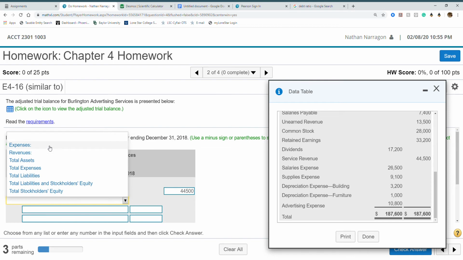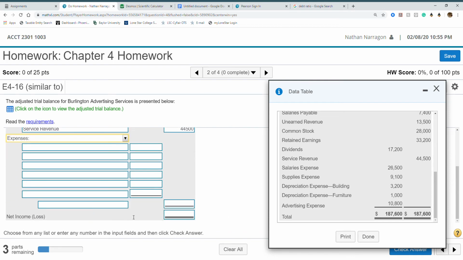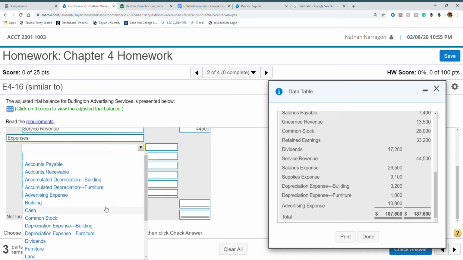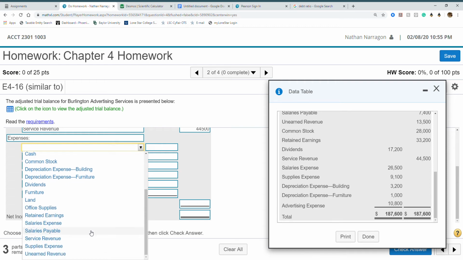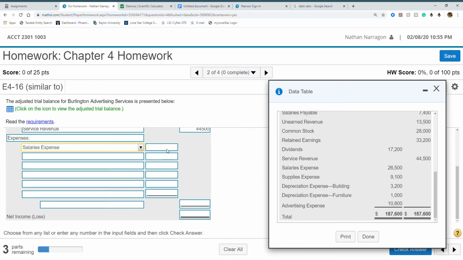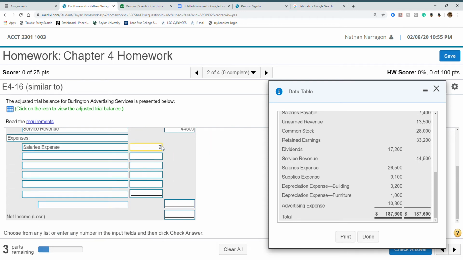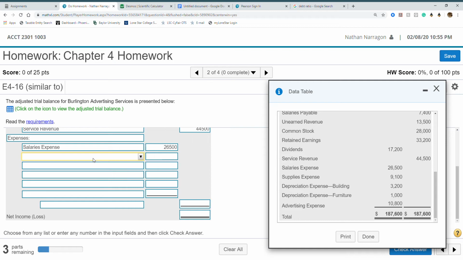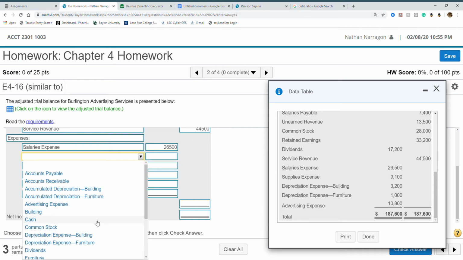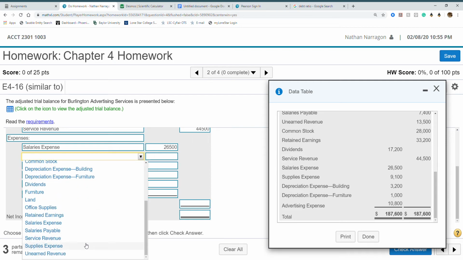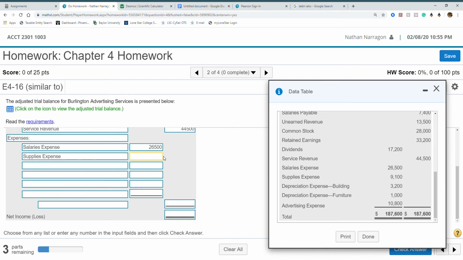Then next is our expenses, which of course, as you can see, we got 1, 2, 3, 4, 5. First one is salaries expense. Whoop, that's payable. There it is. We'll label that 26,500. Then you have supplies expense of 9,100.